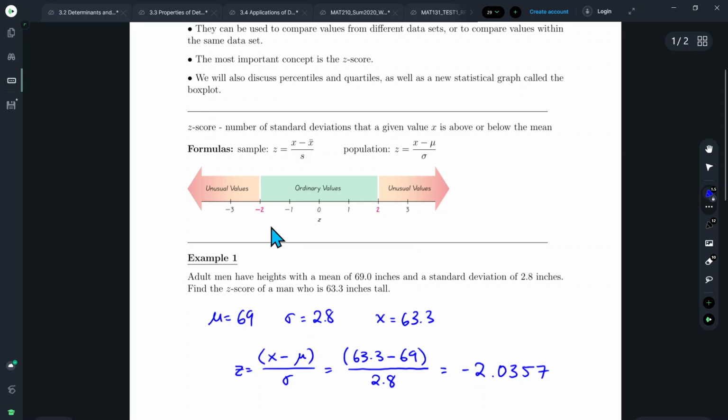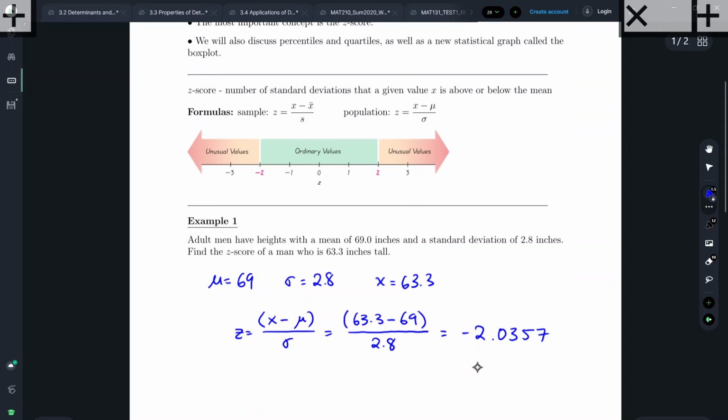You can see that this is farther away than -2, so this is less than -2, and this is considered an unusual value.